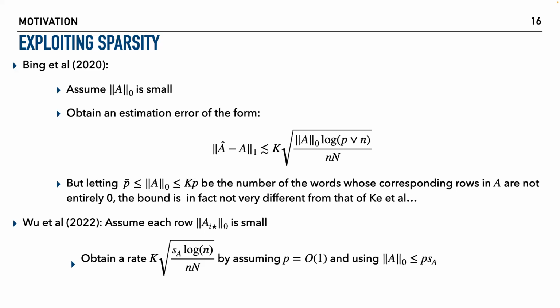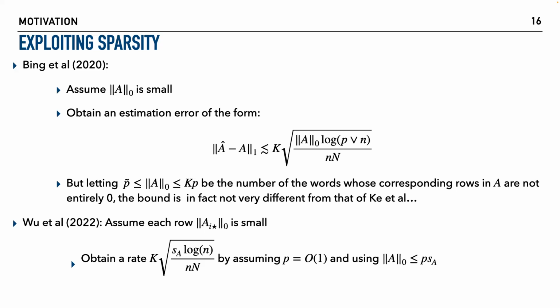So really, the dependency on p is not much better than the bound of Ke et al. One thing I should mention is that the dependency on K is actually a little better. They also try to assume some form of sparsity, essentially that, taking it row-wise, the number of rows that are non-zero in A is small.